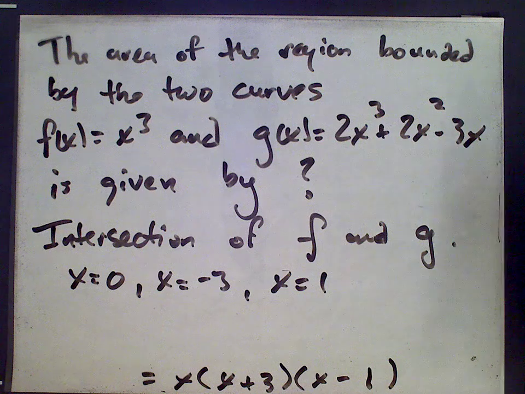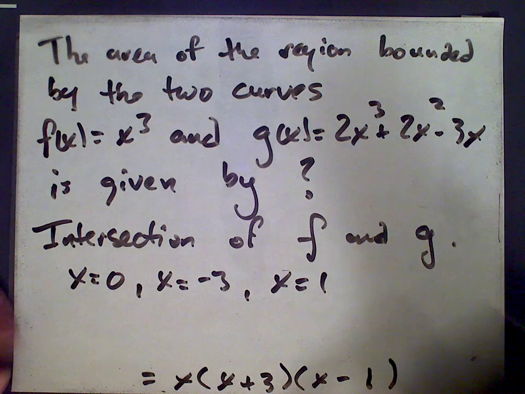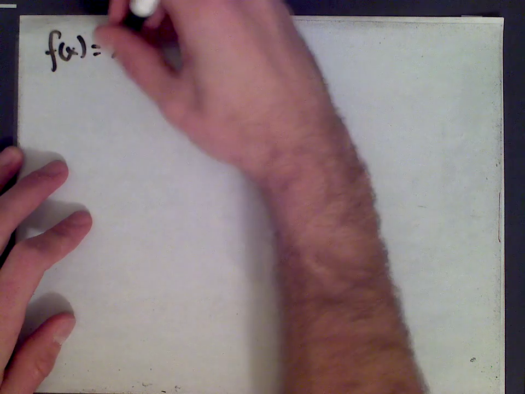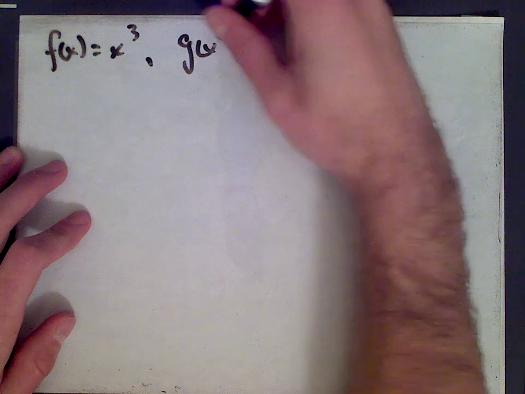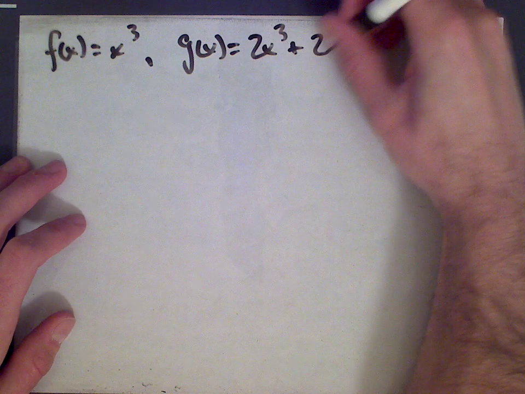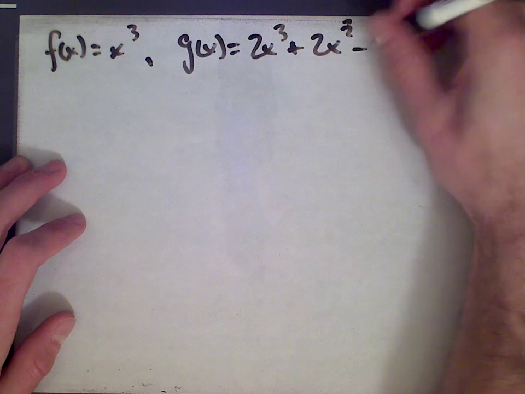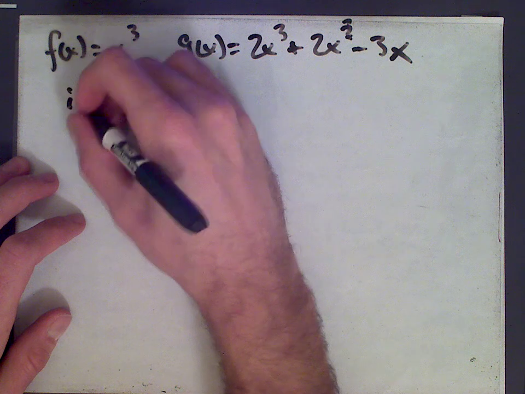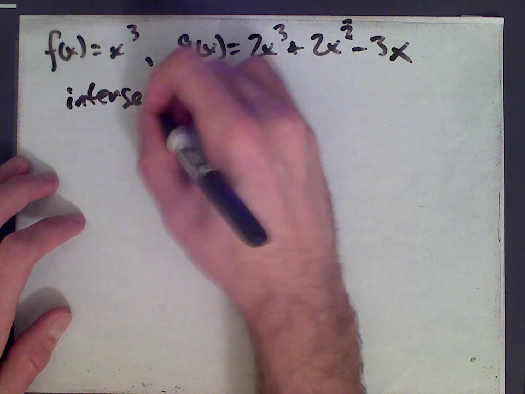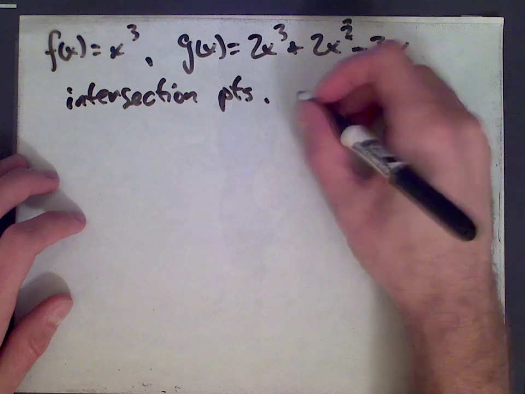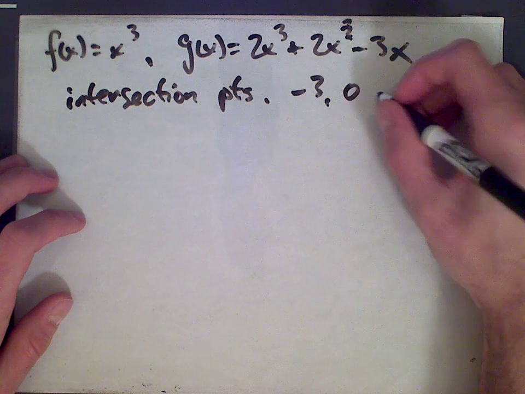Let me erase what we have here and remind you of the curves. We have f of x is x cubed, g of x is 2x cubed plus 2x squared minus 3x, and the intersection points, in increasing order, are negative 3, 0, and 1.